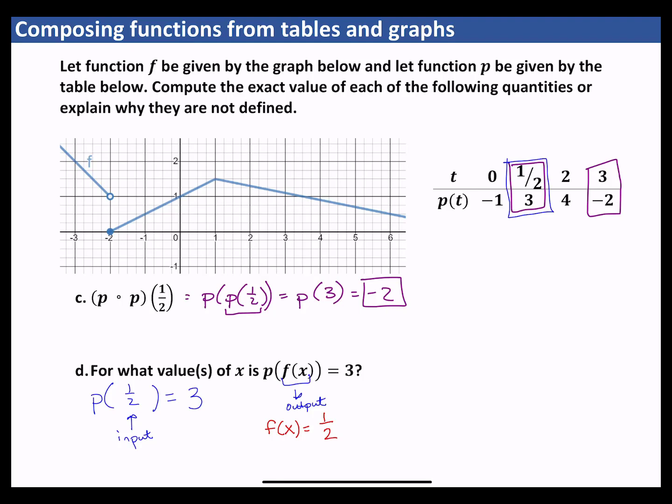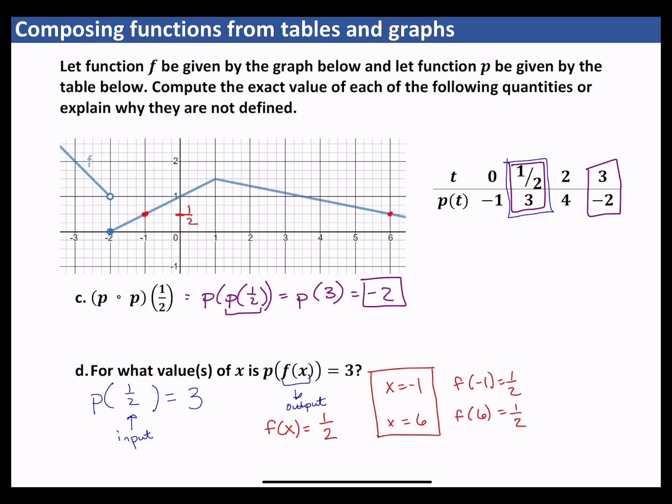So if we look at our graph of the function f, here's an output of 1/2, and we see that when x equals -1, f of -1 is 1/2, and we also see that when x equals 6, f of 6 also equals 1/2. So for what values of x is p of f of x equal to 3? We found 2 values, when x equals -1 and x equals 6.